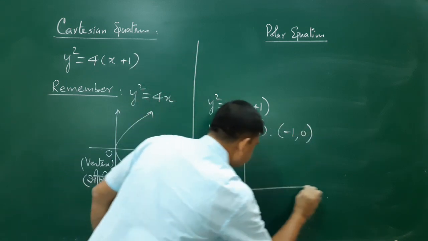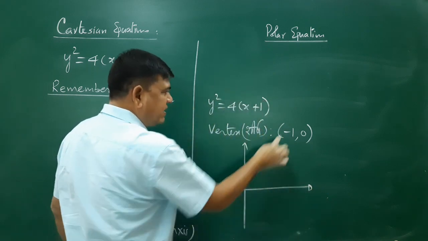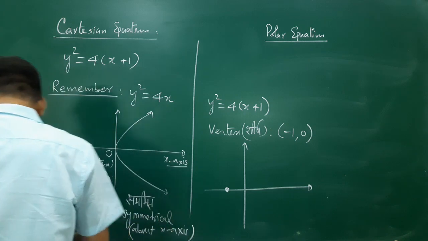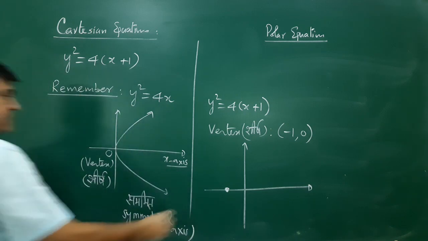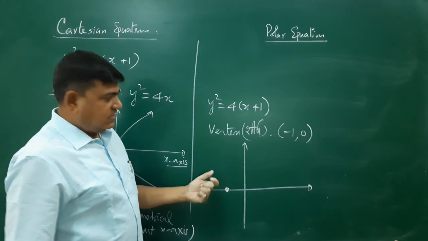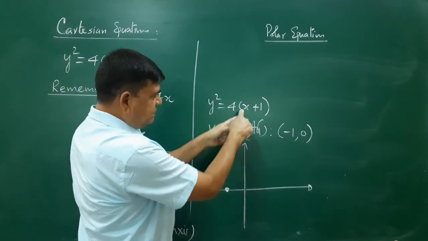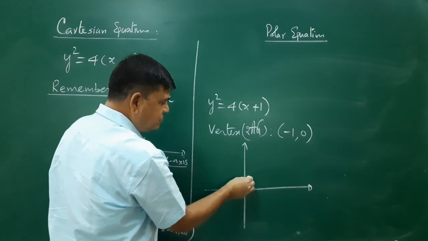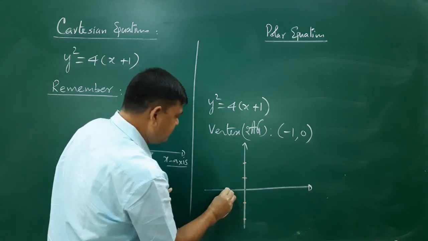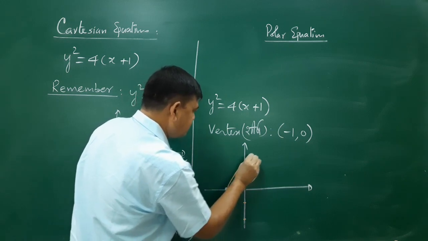So the graph has vertex (-1, 0), and here is the vertex. Its opening will be in the same direction. Here you find the x coordinate is 0. So if I put x as 0, then y is plus or minus 2. So you can find the graph easily.